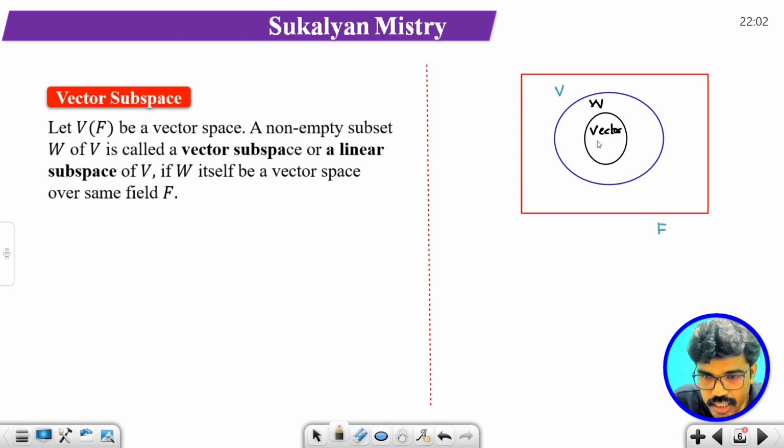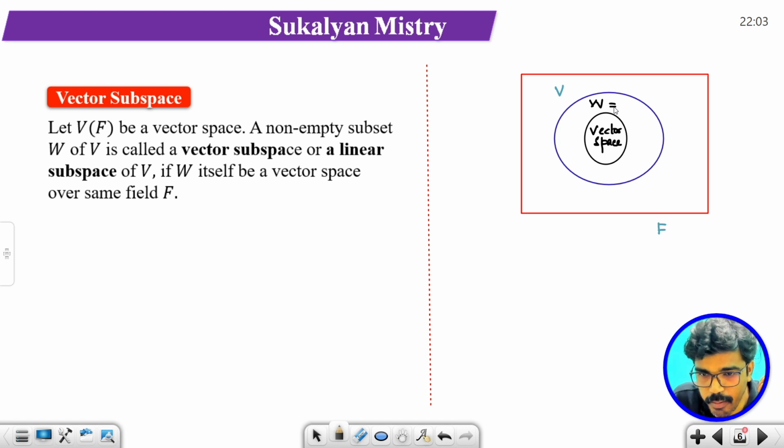If W is itself a vector space, then we say that W is a vector subspace of V.